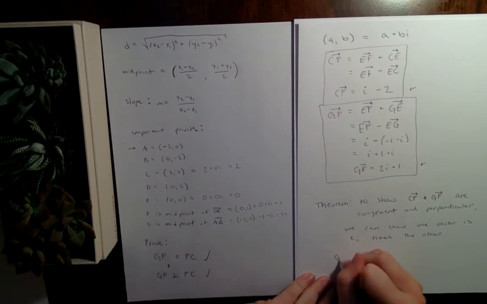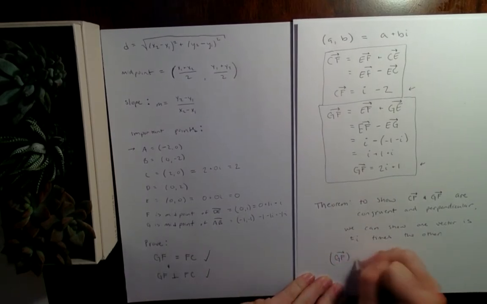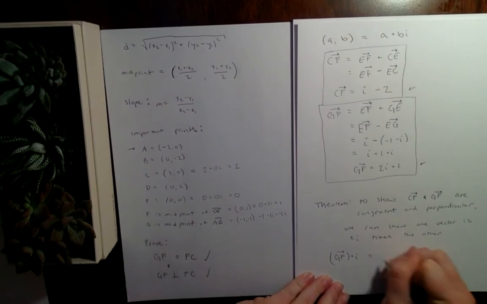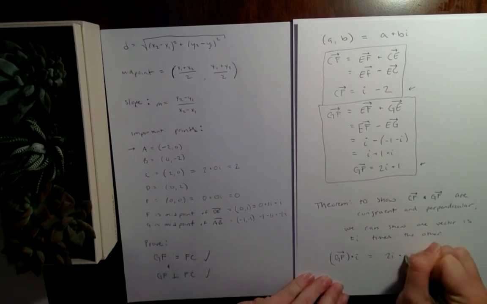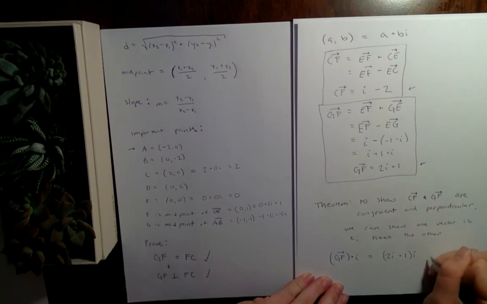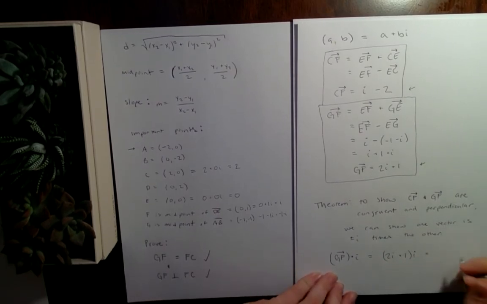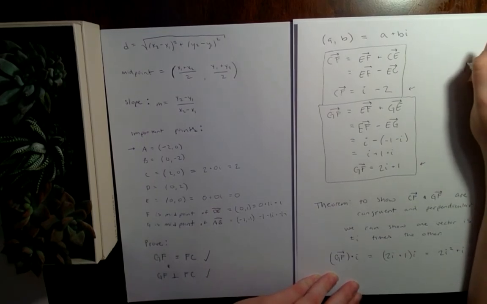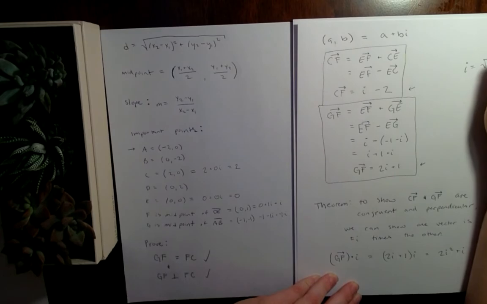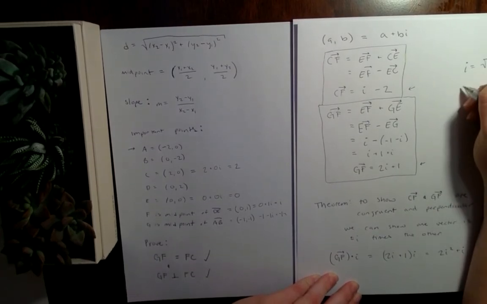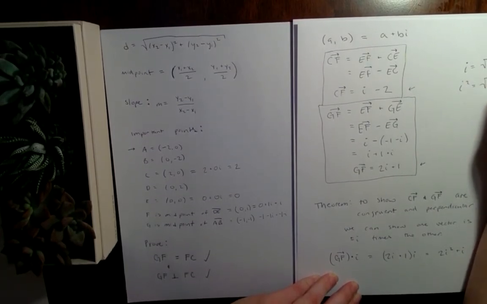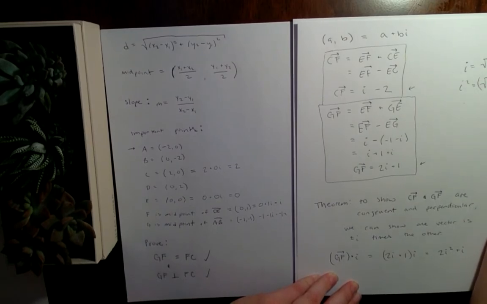So let's take GF and we're going to multiply it by I. And we get 2I plus 1 times I. This is going to equal 2I squared plus I. And I, so let's go back up here, I equals the root of negative 1. So I squared equals the root of negative 1 squared, which is just equal to minus 1.